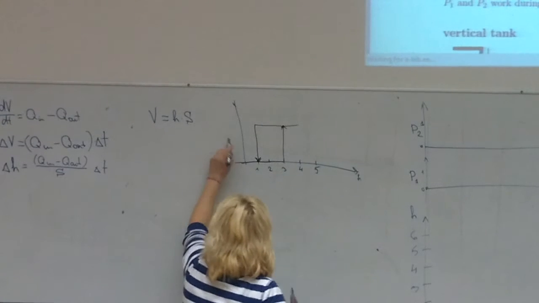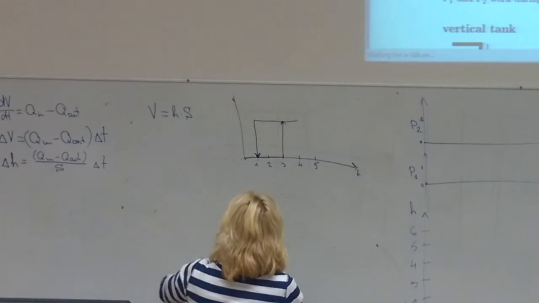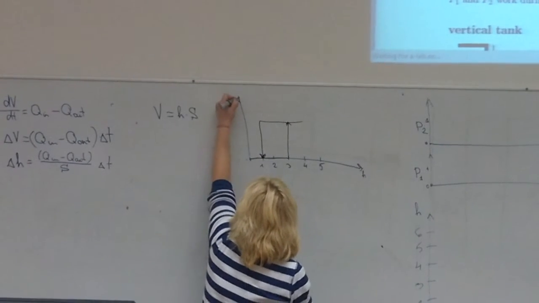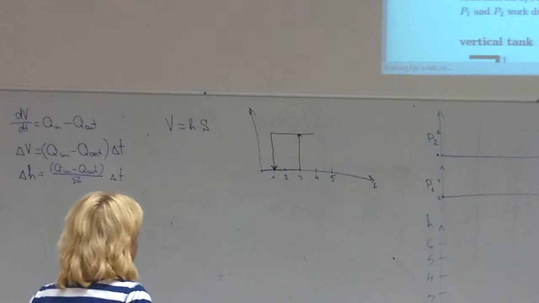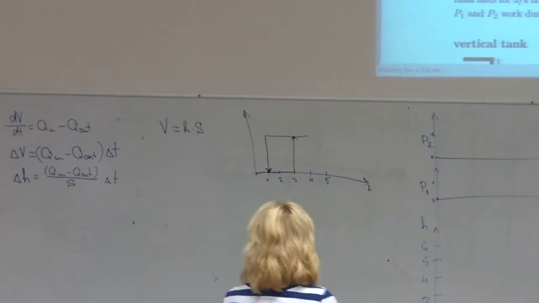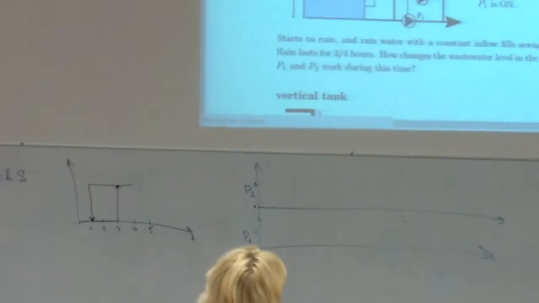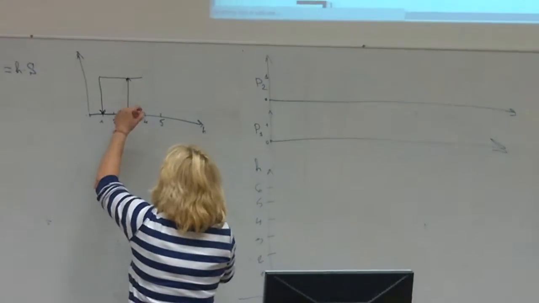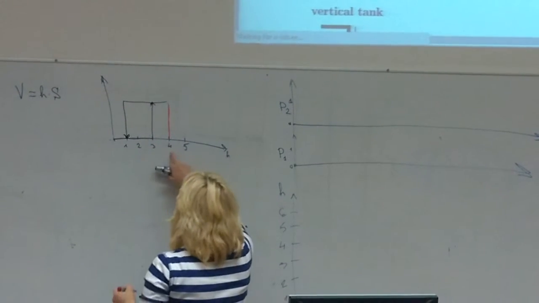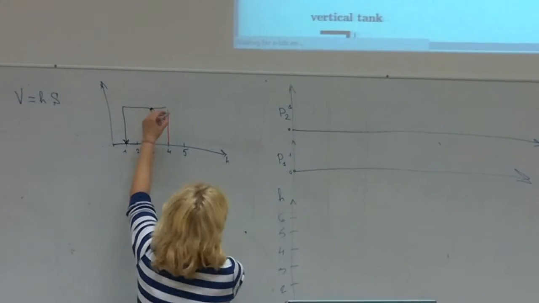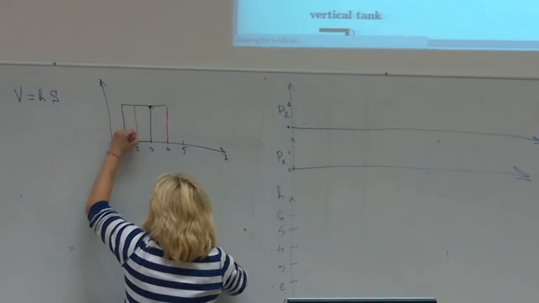If the water level is less than 1, we don't pump any water from our tank. So again, we have another pump which turns on at height 4 meters and turns off at height 2 meters.